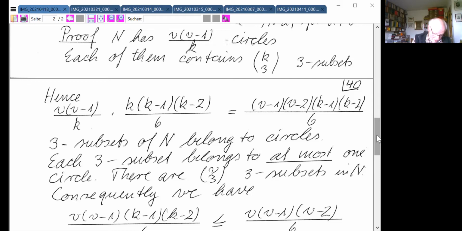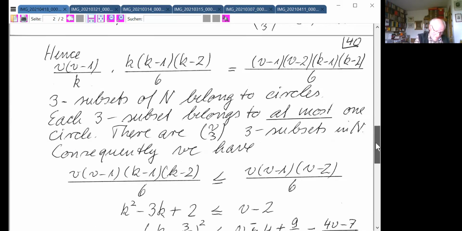We have v over 3 subsets in n. Consequently, we have this inequality. The number of 3-subsets in blocks must be less or equal than v over 3, which is v times v minus 1 times v minus 2 over 6.